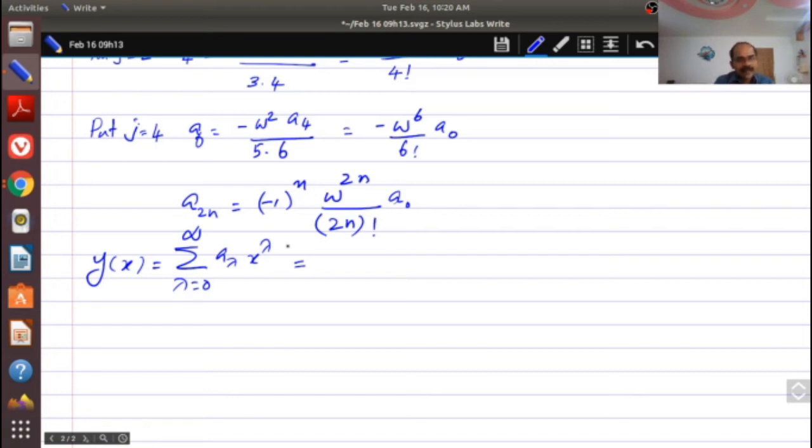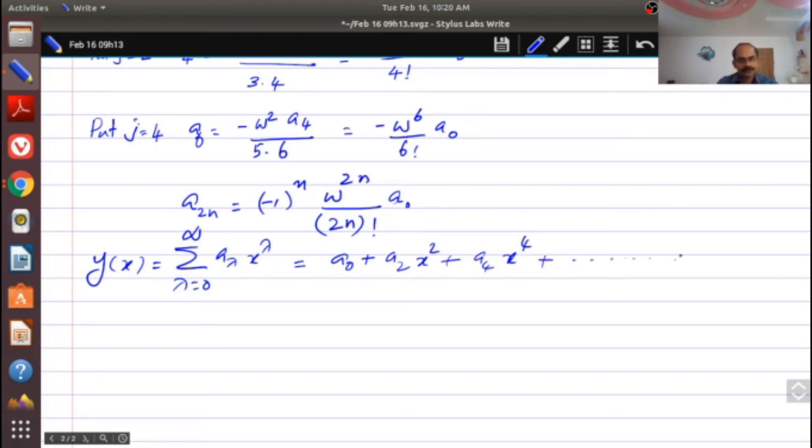So it will be a0 x raised to 0, which is constant, plus there is no need to write a1 because a1 is already 0, so we will write a2 x raised to 2 plus a4 x raised to 4 plus etc.